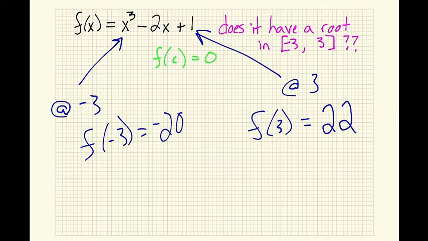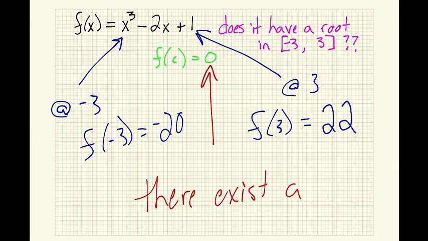So on the one bound, -20 is my value of the function. On the other side, 22 is the value of my function. And what I'm interested in, my 0, is in between those, so that means there exists a c, and that c is what I'm looking for.